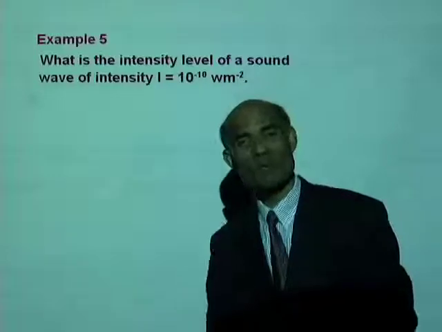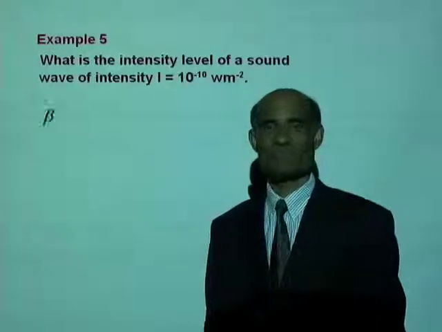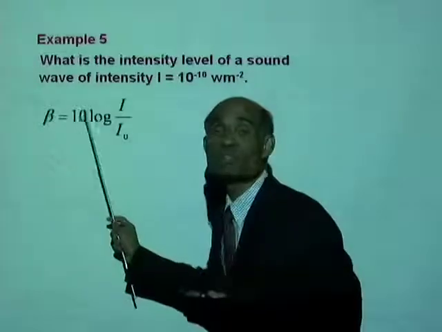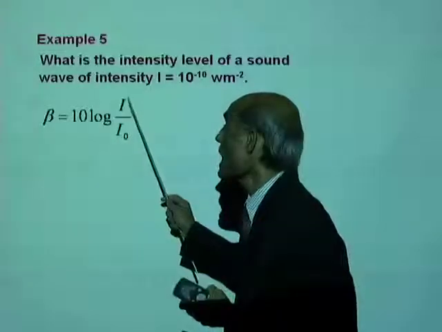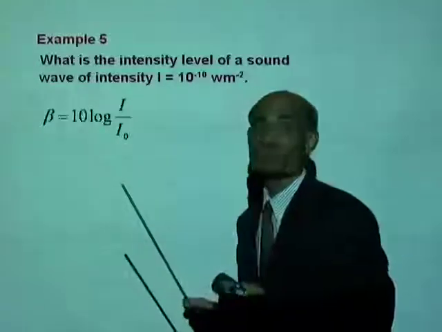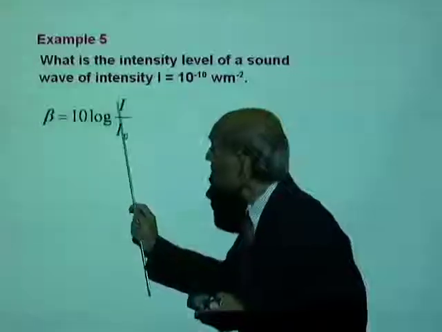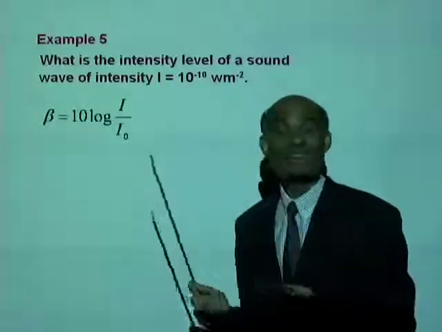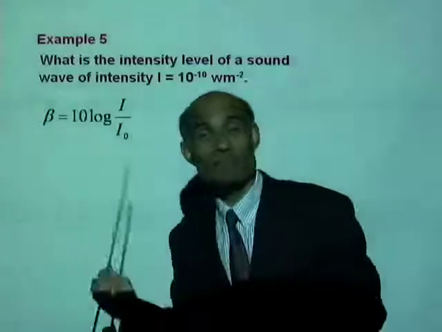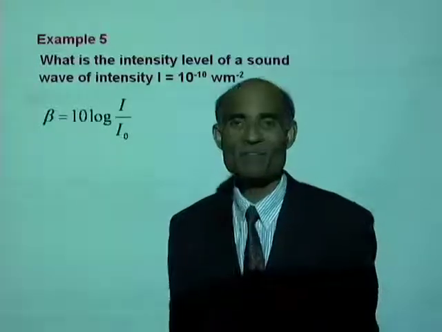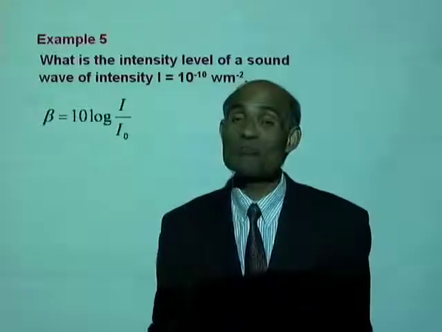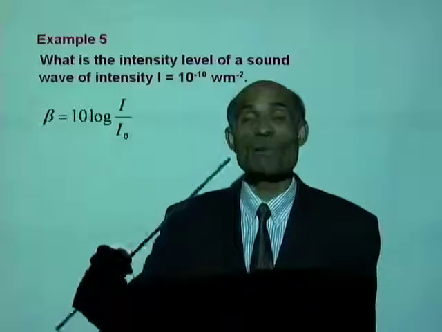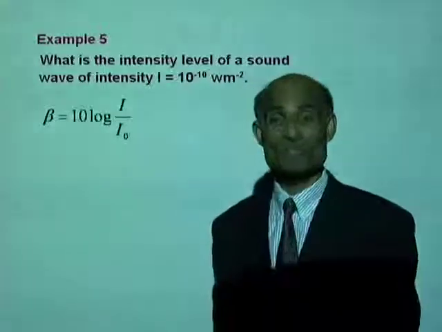Alright, do you remember that equation I gave you? Beta equal to 10 log I over I0. You got the value of I, and you know the value of I0, don't you? I gave it to you. What is the value of I0? It is 10 to the power of negative 12 watt per meter square.